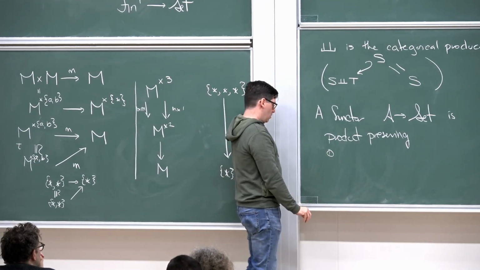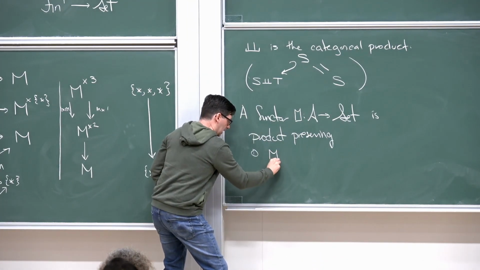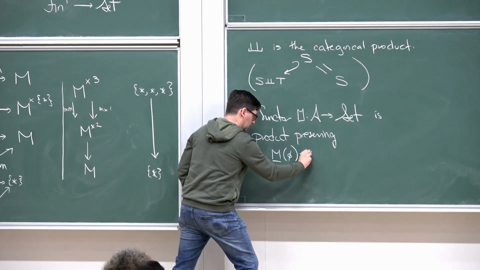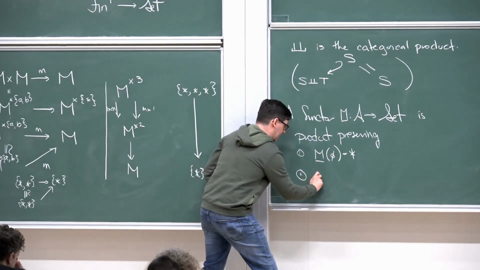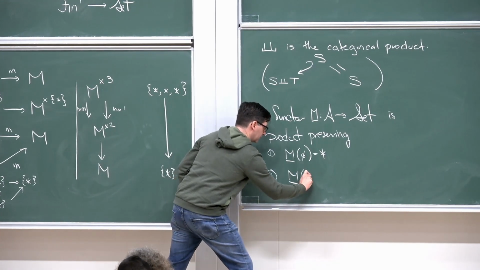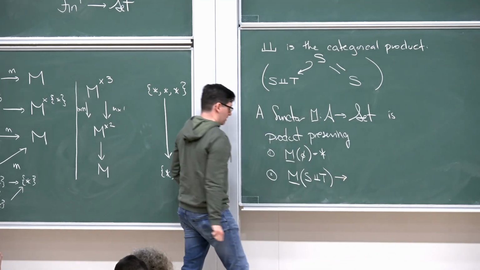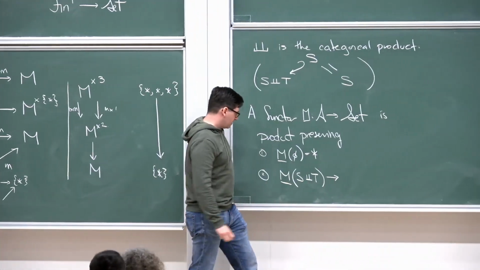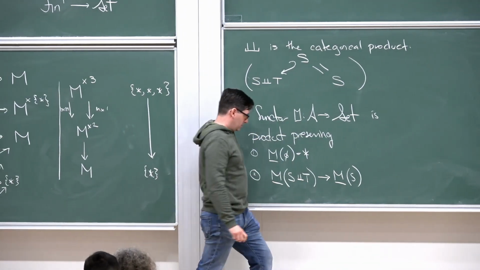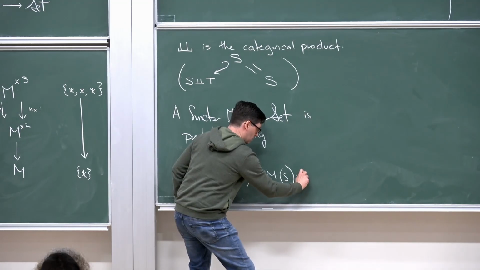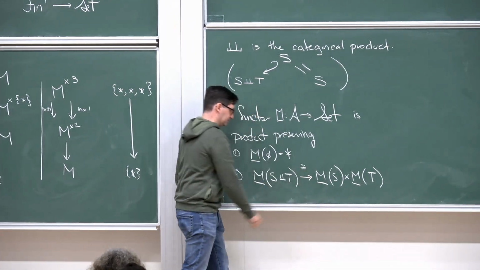First, I want M of the empty set to be a point, and I want that if I take M of the disjoint union of two things, so the categorical product, then there are maps from just functoriality to M of the two factors, so that gave me a map from M of the categorical product to the categorical product of the values of M on the two pieces, and I want this to always be an isomorphism.